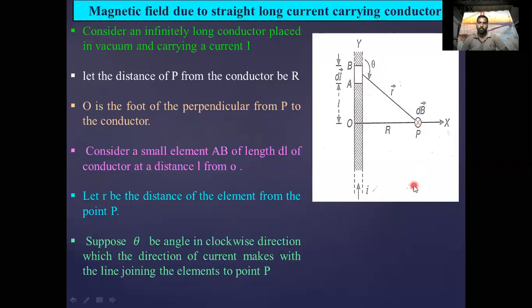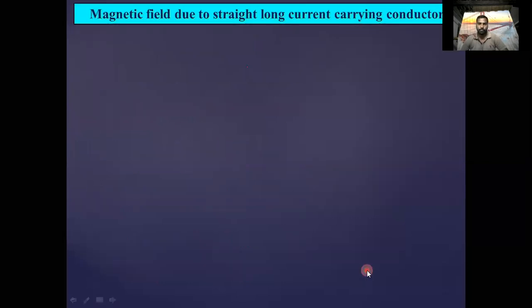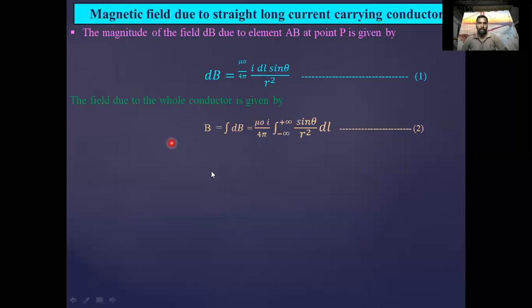Now we have to calculate dB at point P. This is the x-axis. The magnetic field dB due to the element AB at point P is given by dB = μ0/4π · I dL sinθ / r².